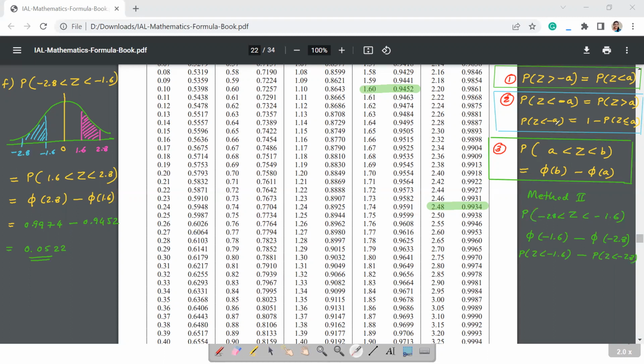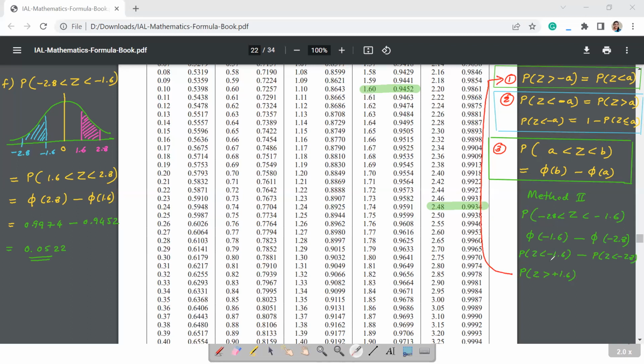If you are dealing with negative Z values, you can make them positive. How do you make it positive? By flipping the inequality and changing the sign. So Z less than minus 1.6 is the same as Z greater than plus 1.6, referring to rule number 1.